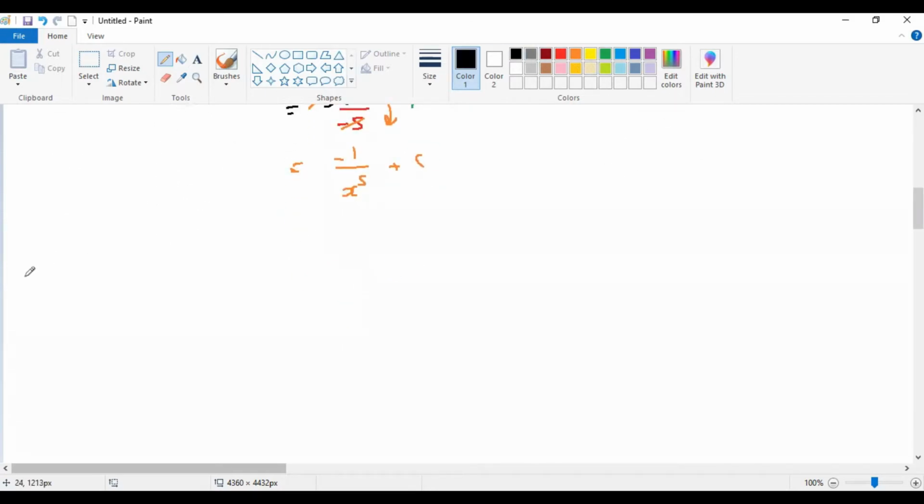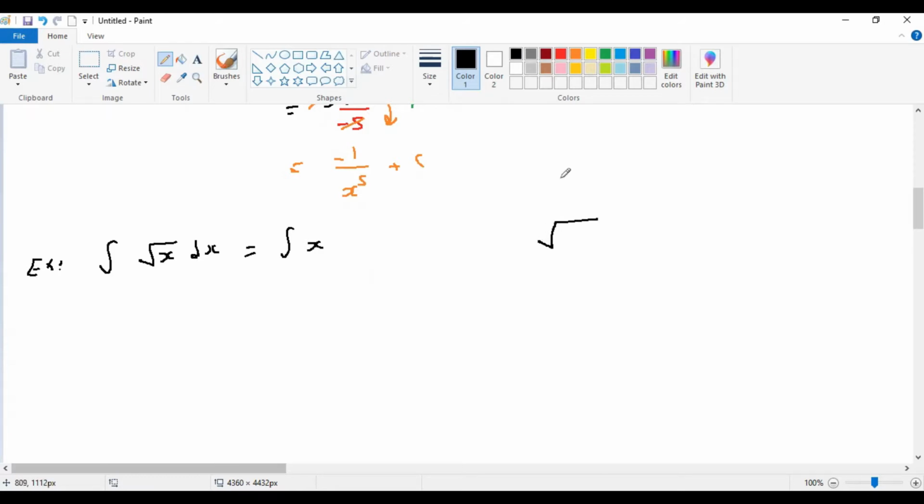Another example. Find the integral of the square root of x dx. Now, what is the k? The k is 1, no problem. Now k x to the n, what is the n? They have a root, so I have to write the root as a power. How to write it?